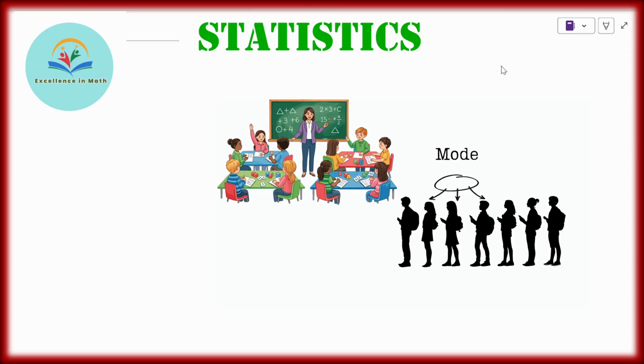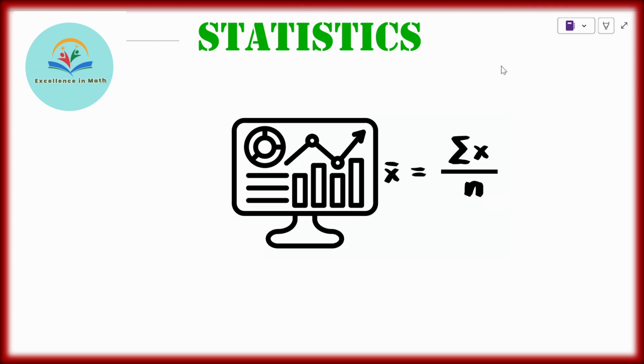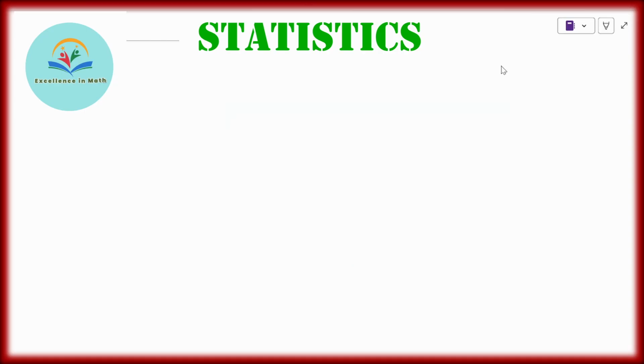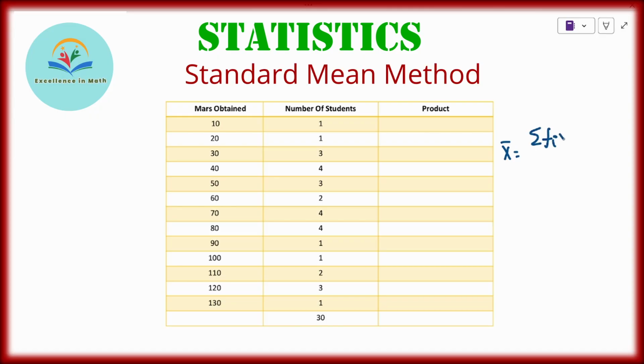Now, in class 9, we have learned the mean of discrete data. That is, x bar is equal to the sum of all observations divided by the number of observations. For grouped data, the formula for finding the mean is defined as x bar is equal to summation of fi xi by summation of fi.